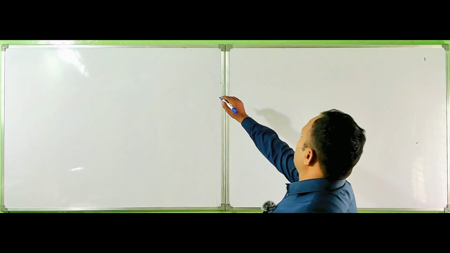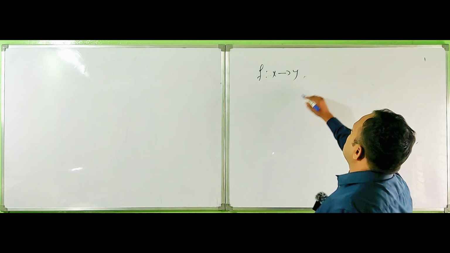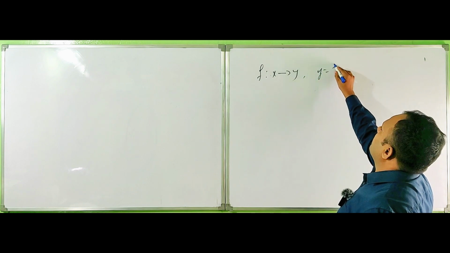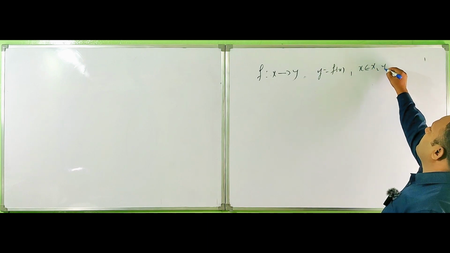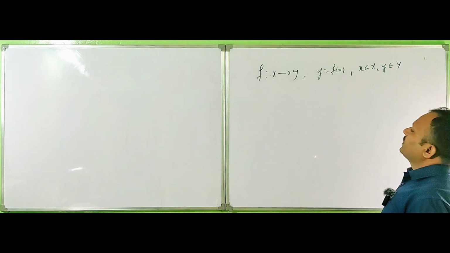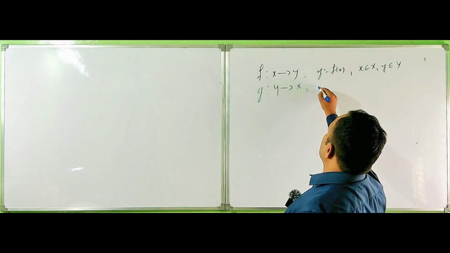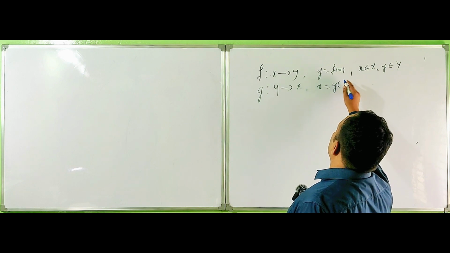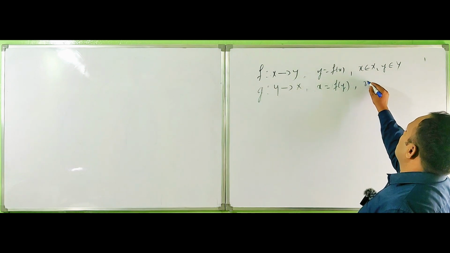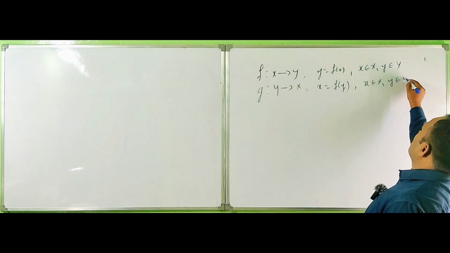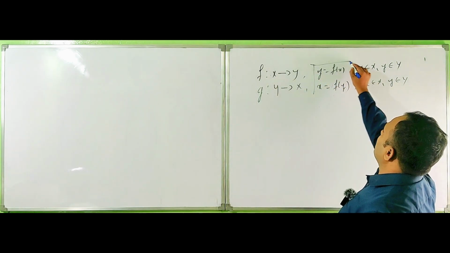Let's take the function f from X to Y, so that y is equal to f of x, such that x belongs to capital X and y belongs to capital Y. So g is a function from Y to X, such that x is equal to g of y, where x belongs to X and y belongs to Y. Don't get confused, this is very important.